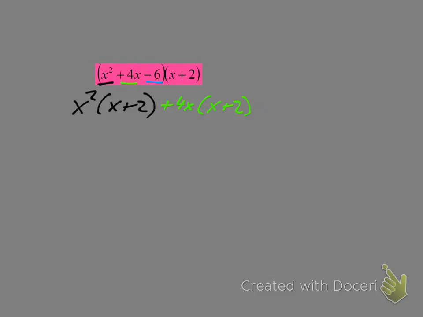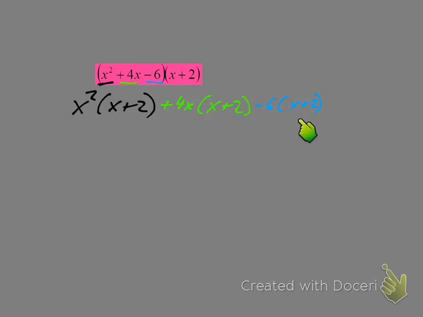And then I'm going to take negative 6 and multiply it by x plus 2. Turn it into 3 smaller distribute problems, one for each term in my trinomial. The first term times my binomial, second term times my binomial, third term times my binomial.